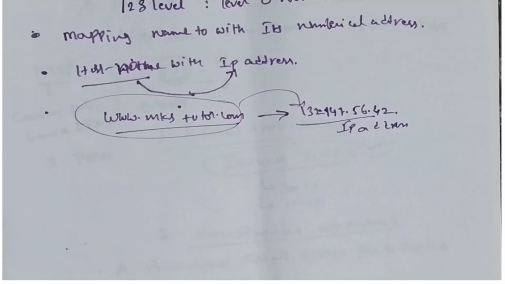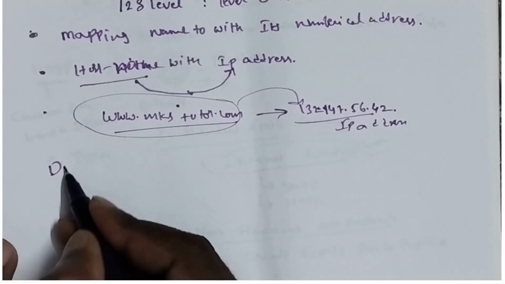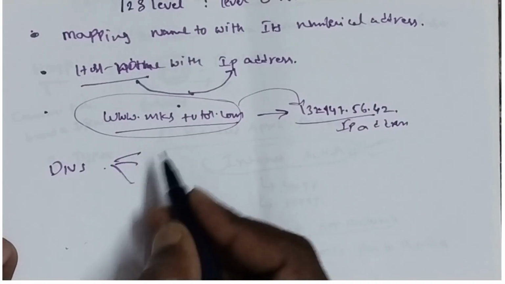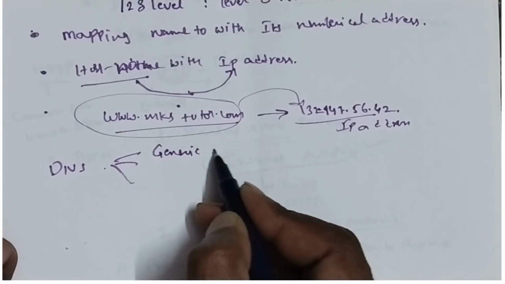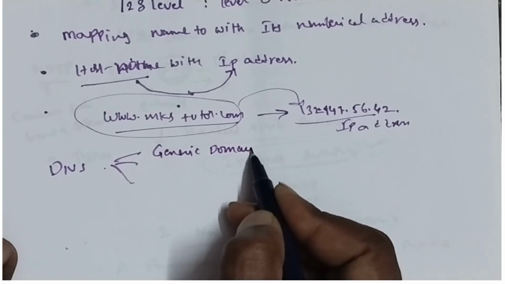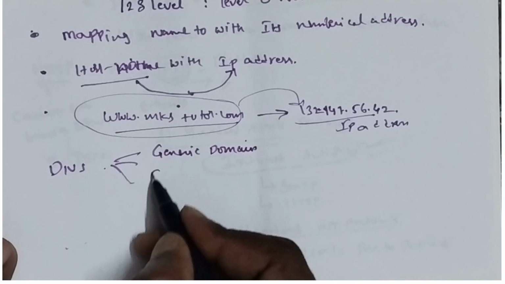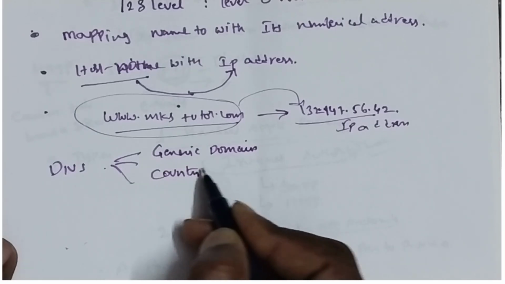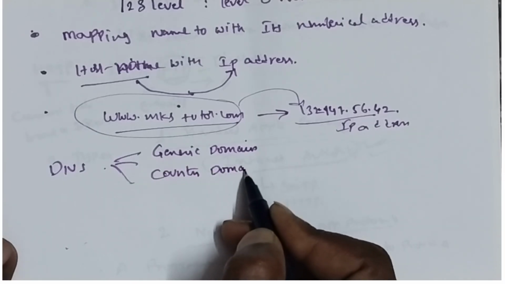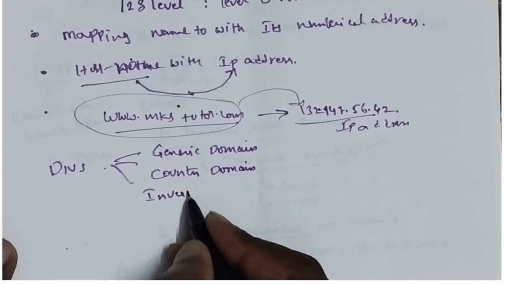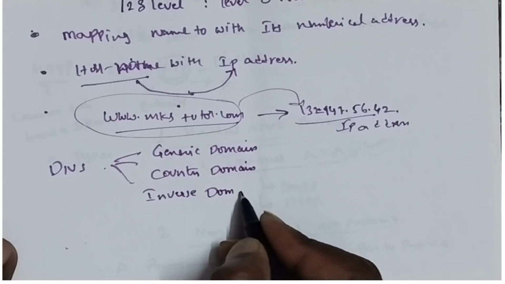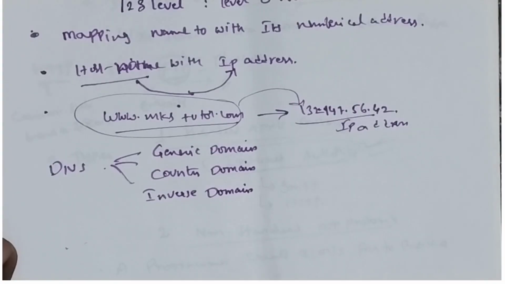Here the domain namespace is divided into three categories. What are the three categories? Generic domains, country domains, and inverse domains. Here is the DNS diagram.